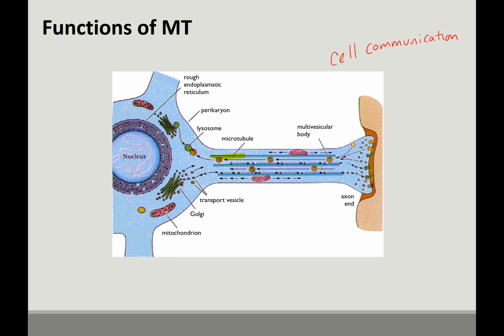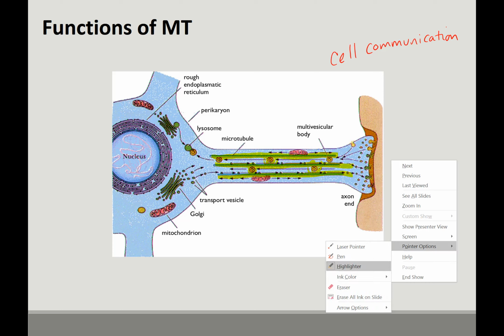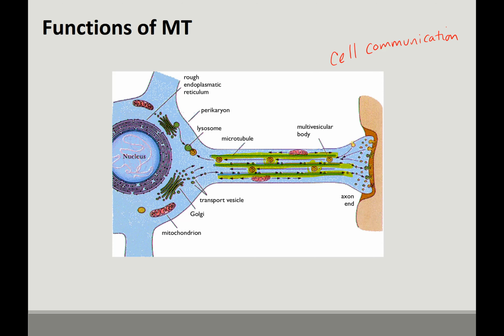Alright, so I'll highlight it now. You still can't see it. Alright, anyways, the blue are the microtubules, and what we're going to talk about next chapter is the microtubules actually moving all these little transport vesicles. And for neurons, what's important is that they move the transport vesicles to the end of the axon and release those neurotransmitter chemicals.